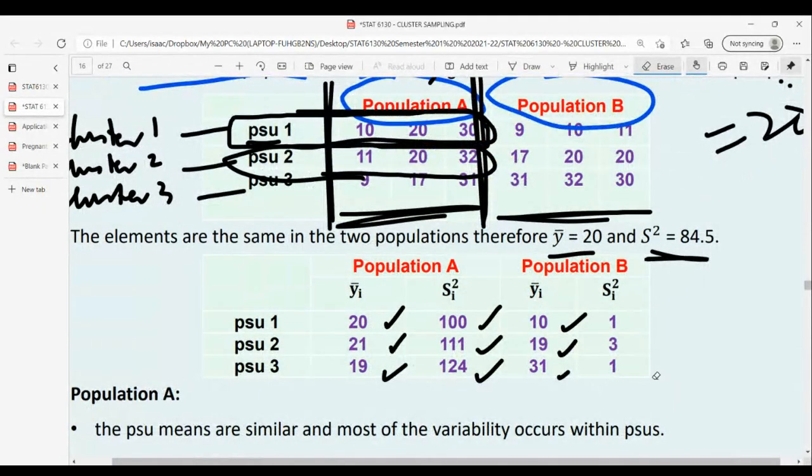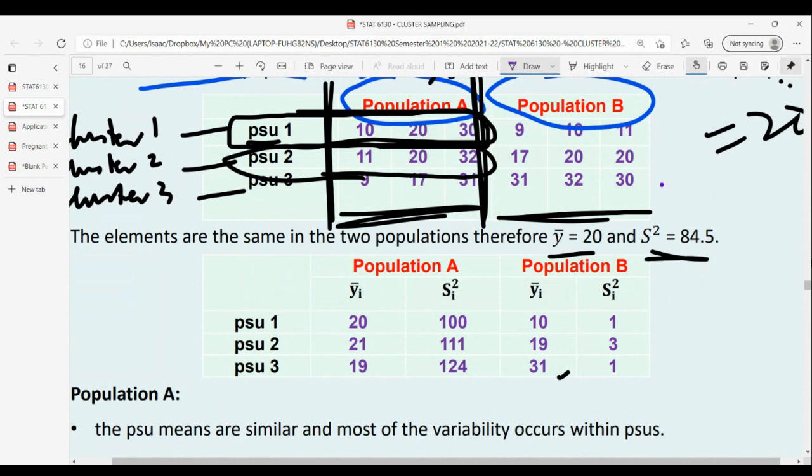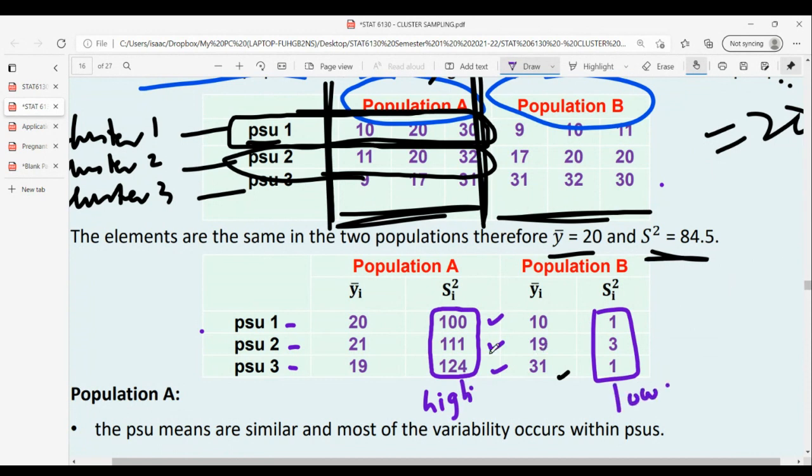Now, what you notice across here is that the population variances within each of the clusters in population A are pretty high, as compared to the values for those three clusters in population B. So this is very high and this is very low when you compare them.